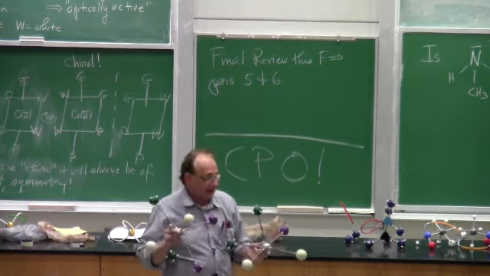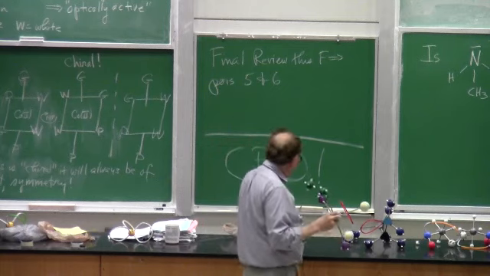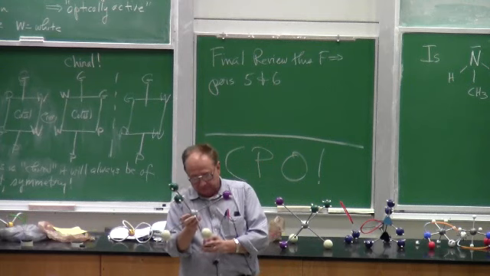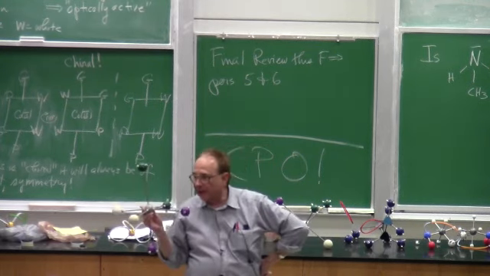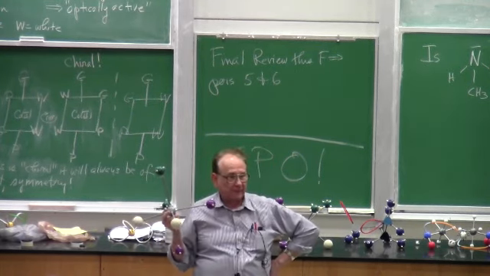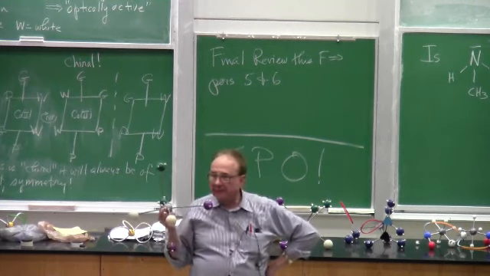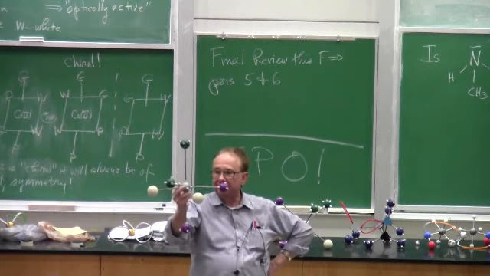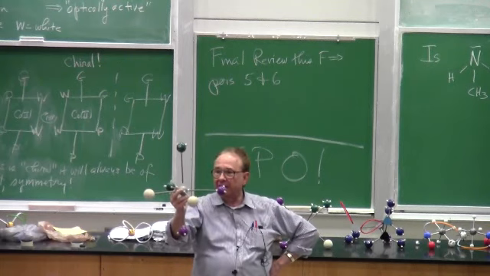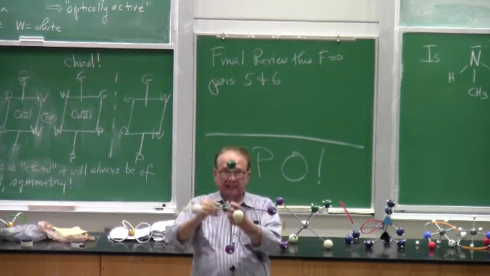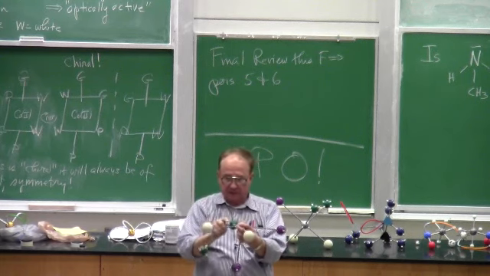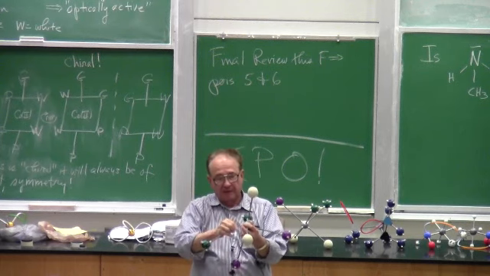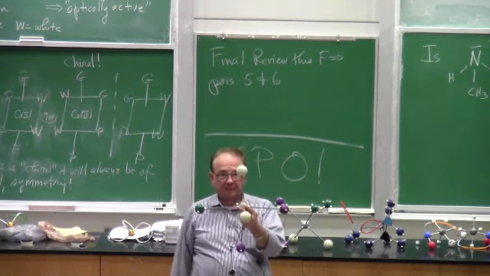Now then, let's put down one model, doesn't make any difference which one. What I'm going to do now is I'm going to break and remake two bonds while maintaining all cis orientation of like ligands. Break, remake two bonds. Let's pick on this green one and this white one. See what we did?